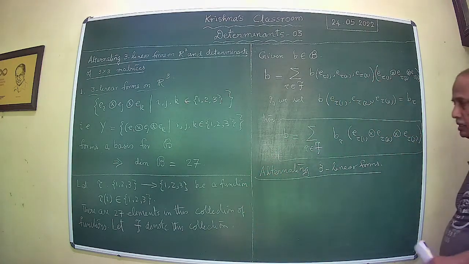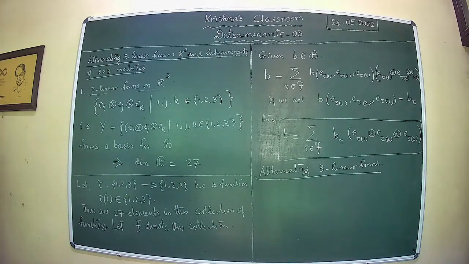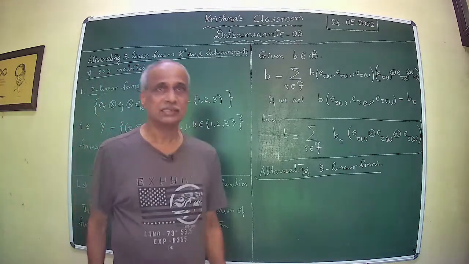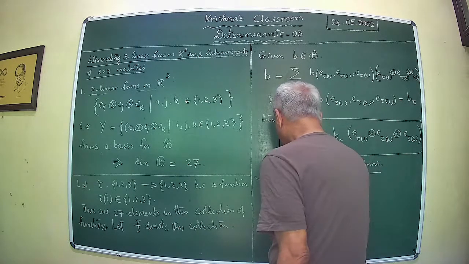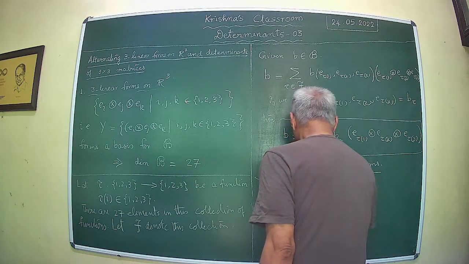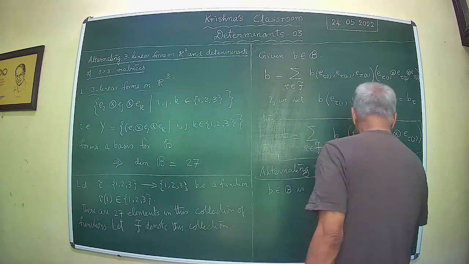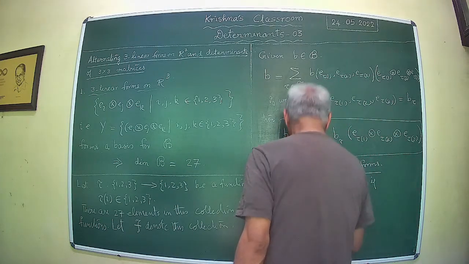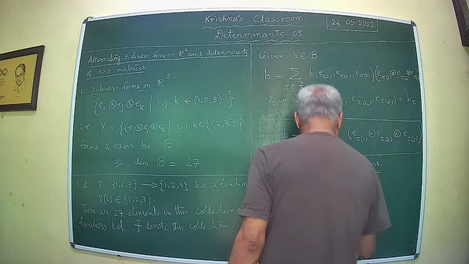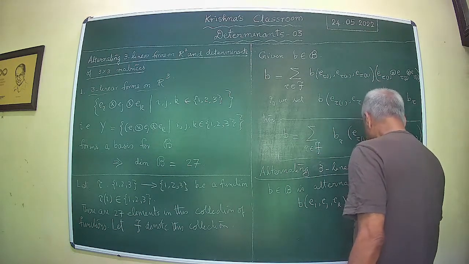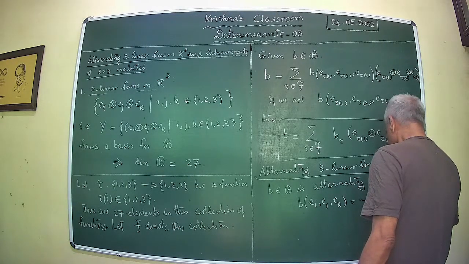A three-linear form is alternating if any interchange of its parameters will change the sign of B. So B is alternating if B of Ei, Ej, Ek is equal to minus B of Ej, Ei, Ek.